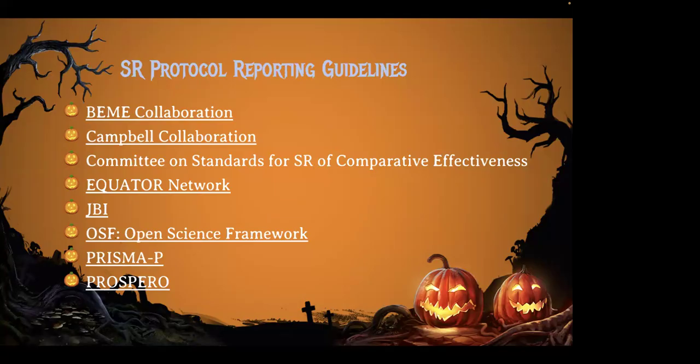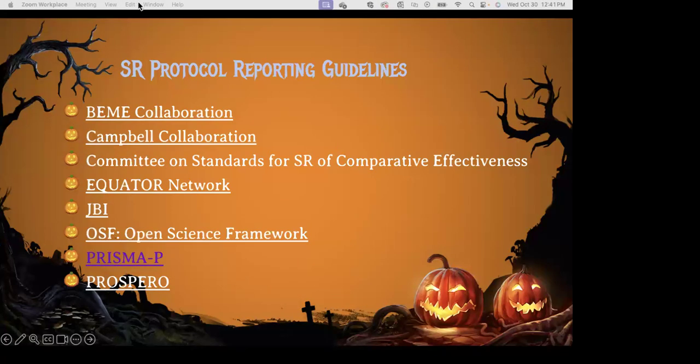Equator, JBI has a template on how to report your protocol, what to report in your protocol, how to word it. OSF Science Framework has some different templates. PRISMA-P and Prospero. So I think actually the three that we see the most are going to be JBI, PRISMA-P, and Prospero. Let me just go into PRISMA-P.